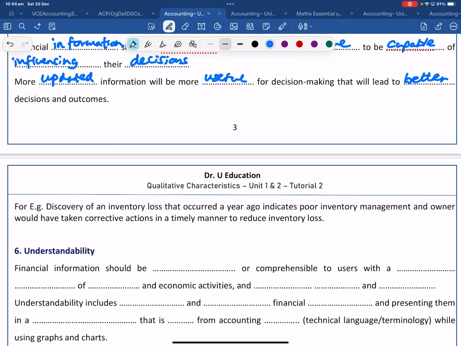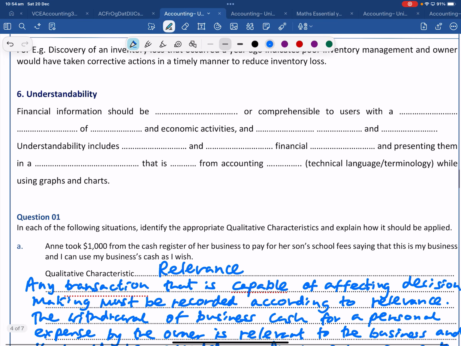Okay. All right, guys. Last one. Understandability, again pretty simple. Let's write it.